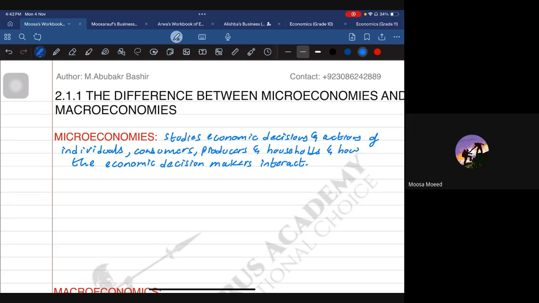So there are certain things that we will add as part of the example, of what can be included in microeconomics, right? So here we are going to start off with the example.